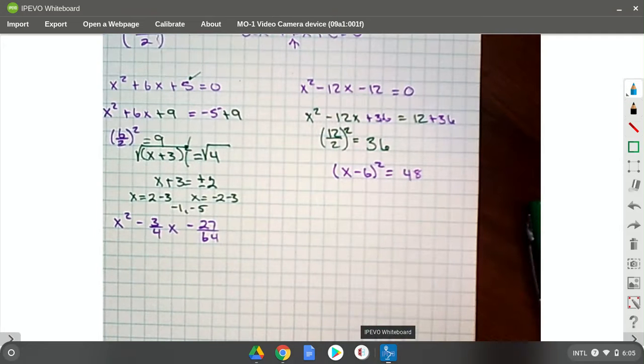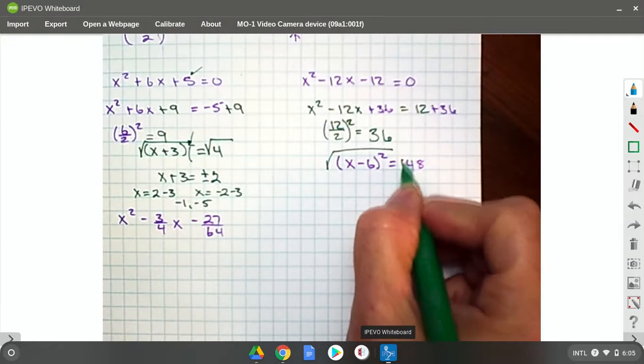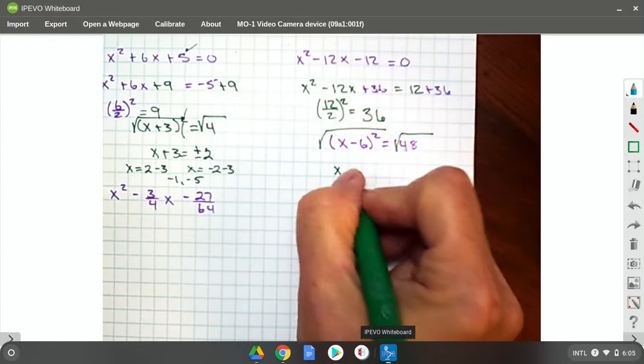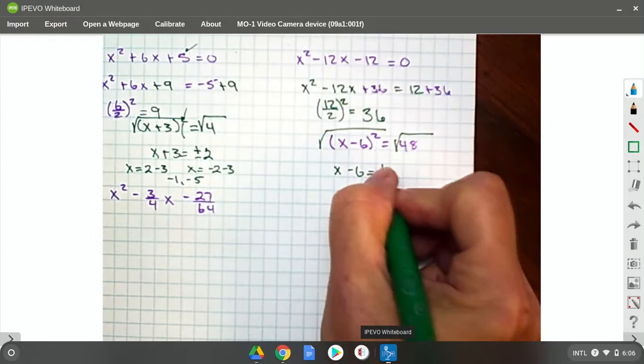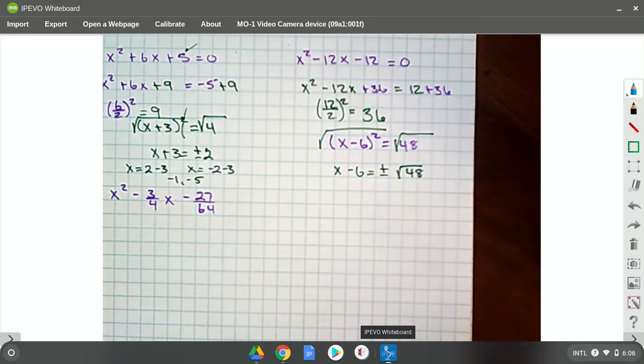All right, square root of both sides. So I've got x minus 6 equals plus or minus the square root of 48. Now, 48 is not a square number. 49 is, but 48 isn't. But it has a factor that is a square, 16.